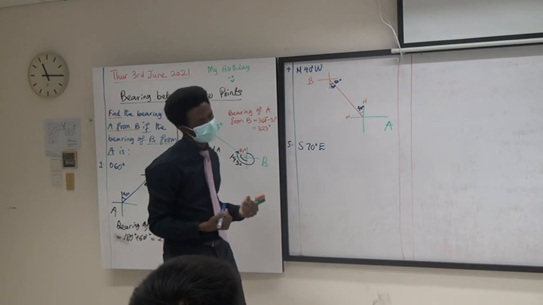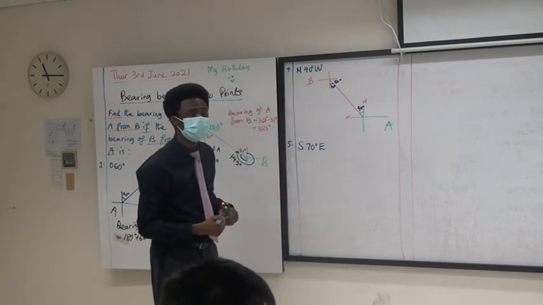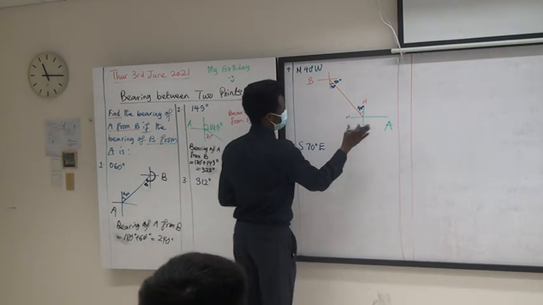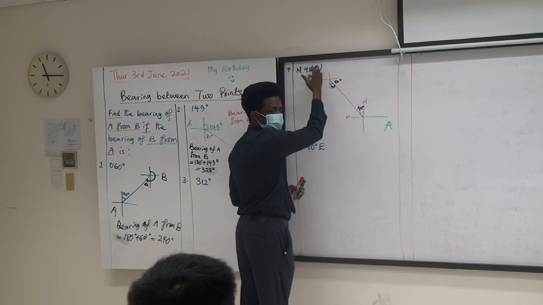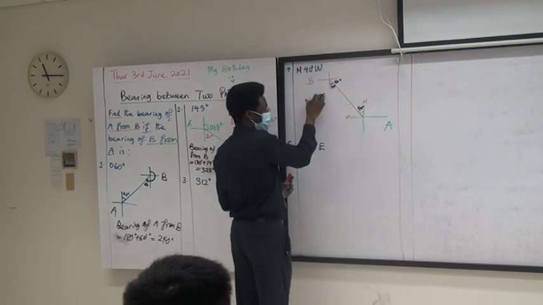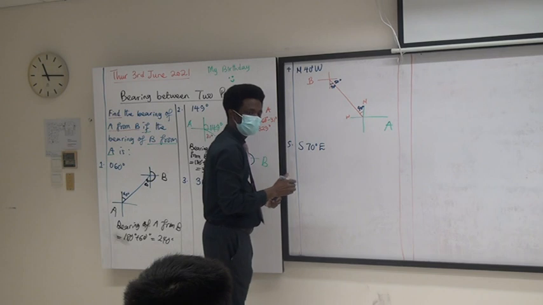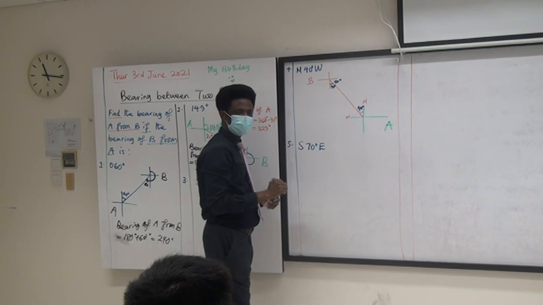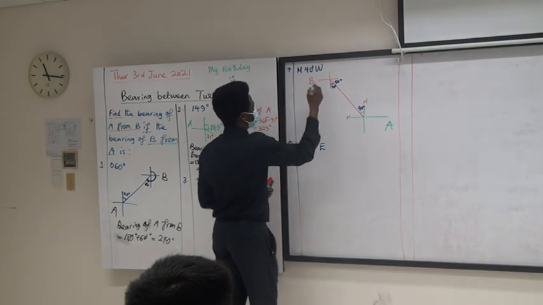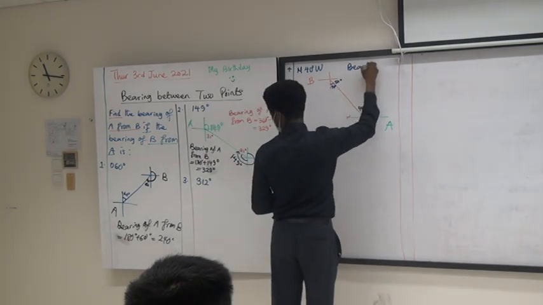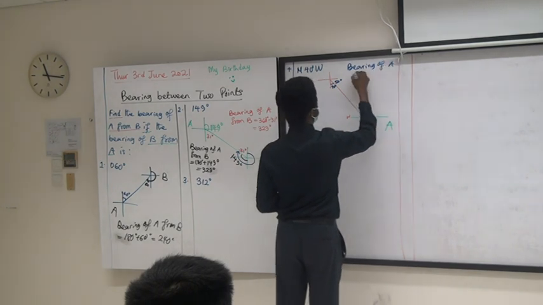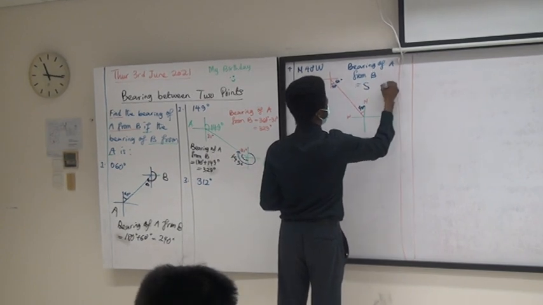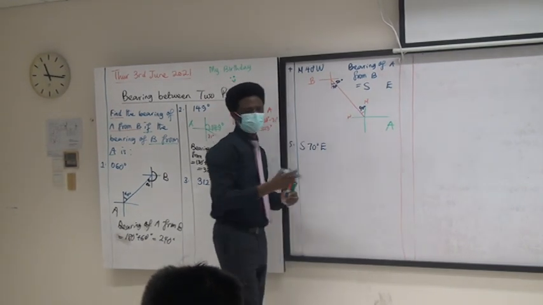Come on, you should be sure. Okay, so this is the bearing of B from A. We already drew it. Now I want to find the bearing of A from B, but it has to be in this format too. Now, I don't know which angle I'm going to consider. That's the question. So, bearing of A from B is going to be south something east, right? Is this angle going to be 40 or 50?